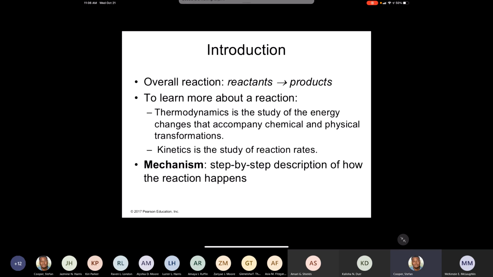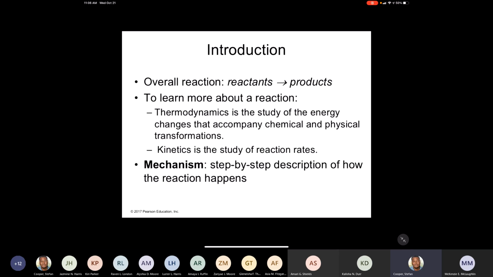There are a couple of things we want to start thinking about here: the thermodynamics of a reaction and the kinetics of a reaction. Thermodynamics has something to do with the favorability of products. There's an energy exchange that tells you the change of energy in this reaction is either favorable or unfavorable. Kinetics just explains the rate.